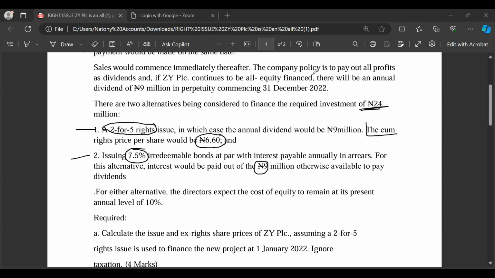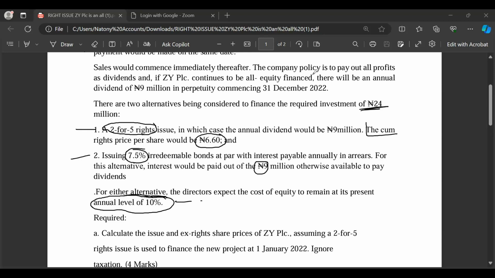For either alternative, the director expects the cost of equity to remain at its present level of 10%. Okay, so this negates the capital structure proposition, the M&M, which assumes that the cost of equity will continue to increase as gearing increases in order to keep cost of debt constant.